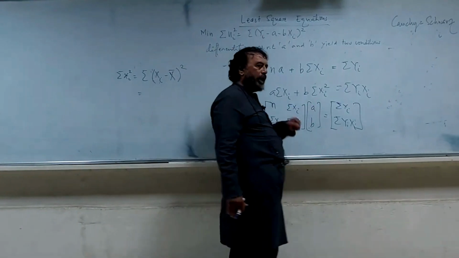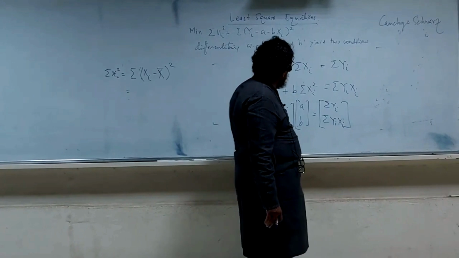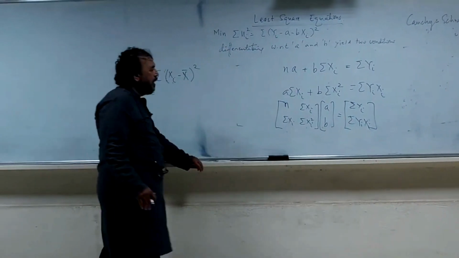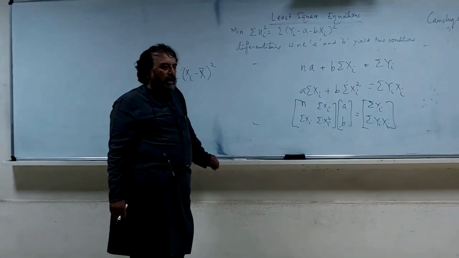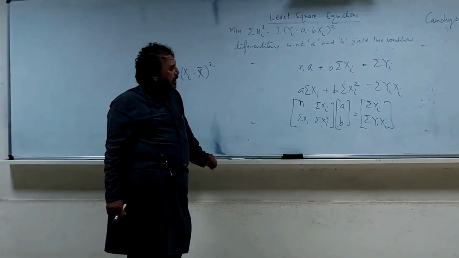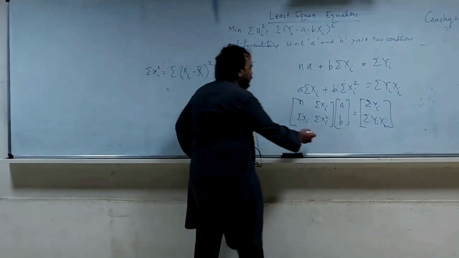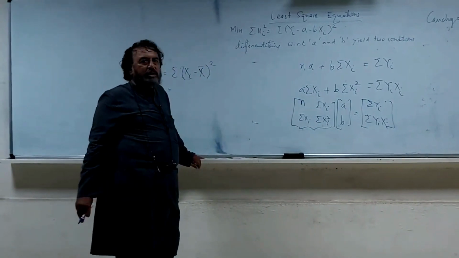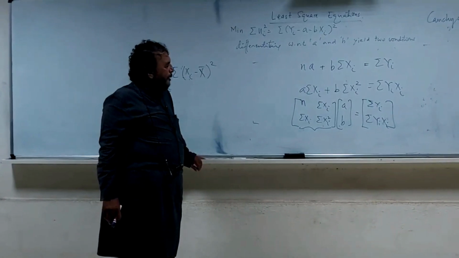That will be the solution for A and B. And on the other side, you will get the inverse of this matrix into this matrix. Of course, while multiplying, you have to be cautious of the size of matrices for the compatibility or definability of matrix multiplication. So this is always going to be a square matrix. Later, when we generalize this into the multivariate case, this is what we find.